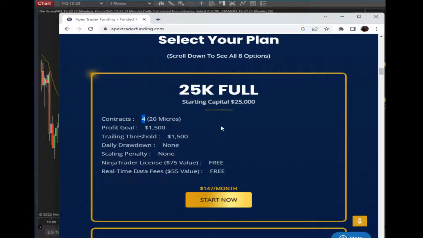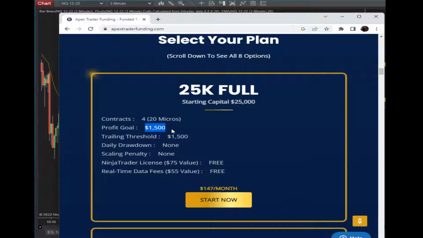And instead of just one 10-day minimum combine to prove yourself, like Apex does, the other one that I know, which is Top Step, has you do two different combines. The first one I think is a minimum of 5 days. I could be wrong about this, but regardless, in the first one you have to make your profit goal of $1,500 in a minimum of 5 days.